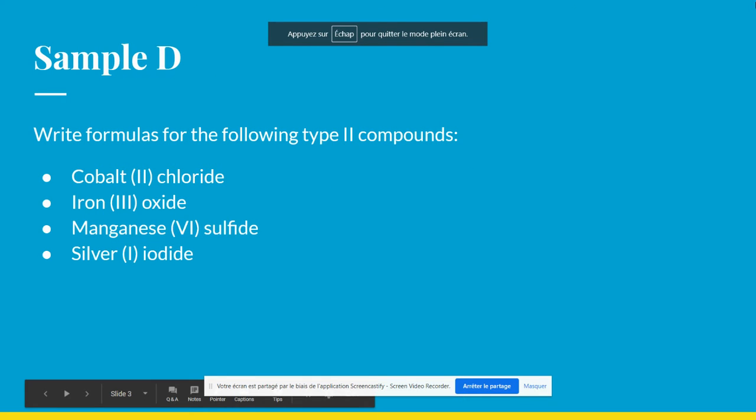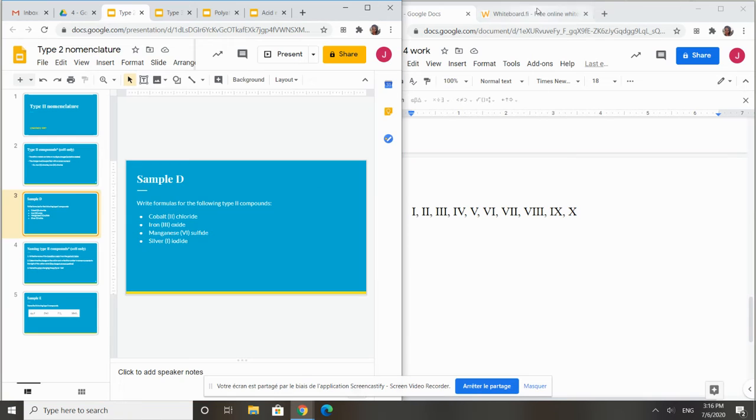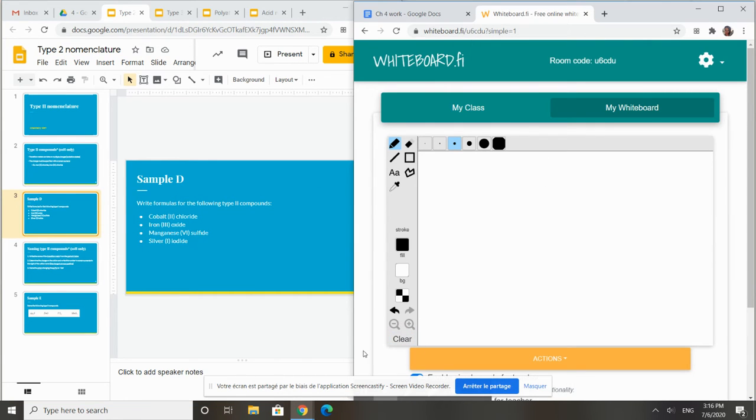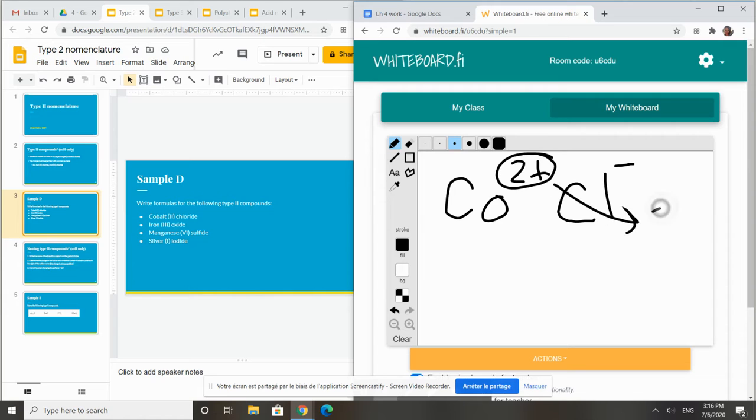All right, let's take a look at this sample. I'll walk through these. So remember that that Roman numeral is the charge. It says cobalt 2, so it's cobalt with a 2+ charge, and then chlorine. Chlorine on the periodic table has a charge of -1. And then just like our type 1s, you just crisscross.